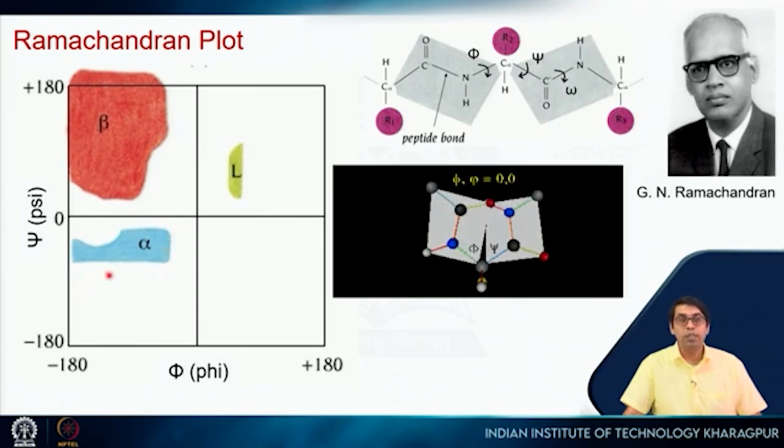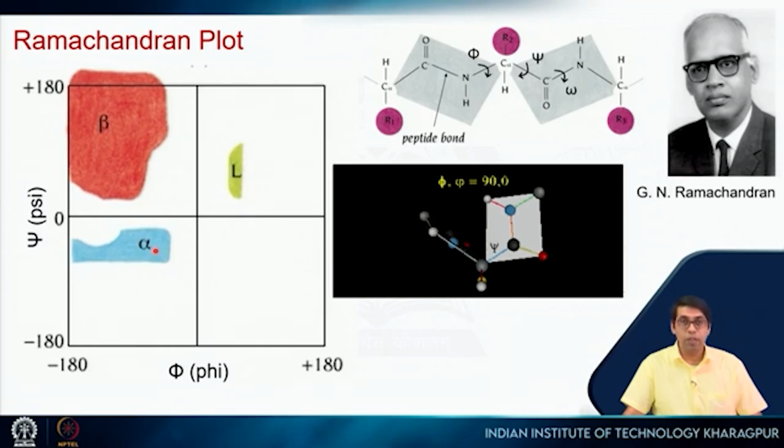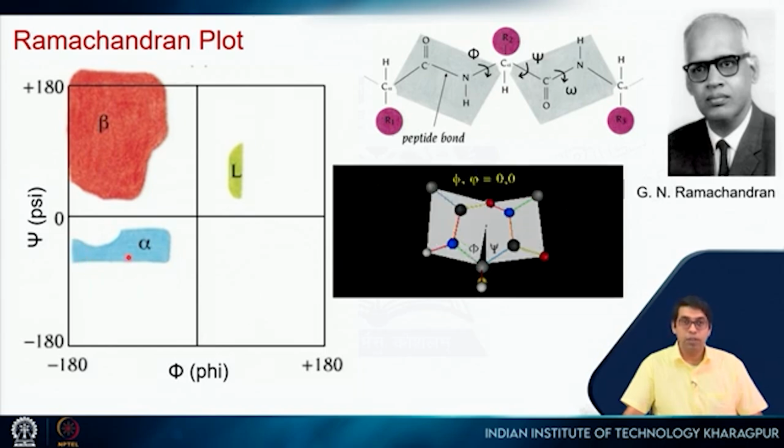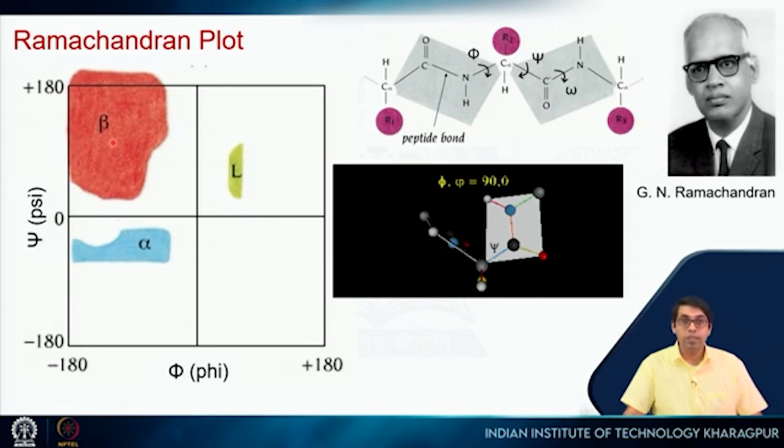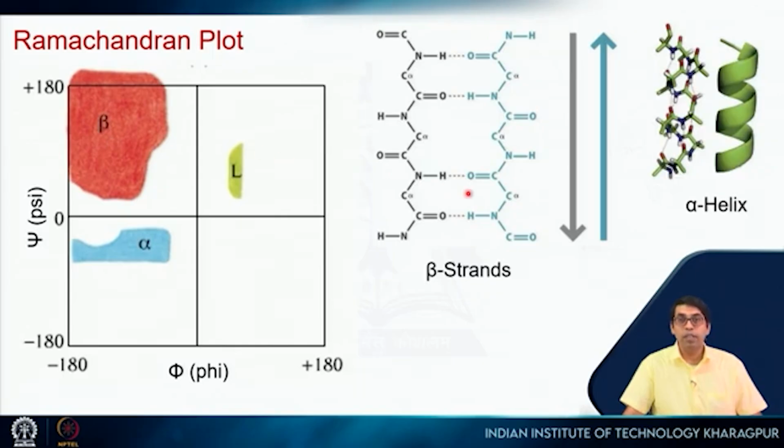Indeed, proteins occupy only these regions, and it also turns out that when a polypeptide chain, a series of amino acids, has a particular torsion angle, it has a particular shape. Those shapes are called alpha helix and beta strands.